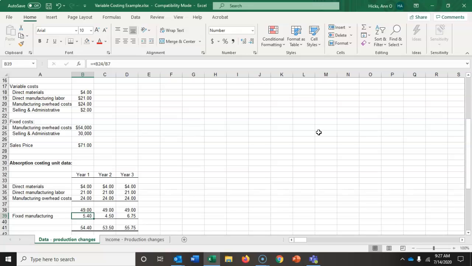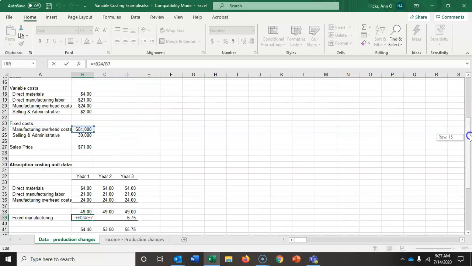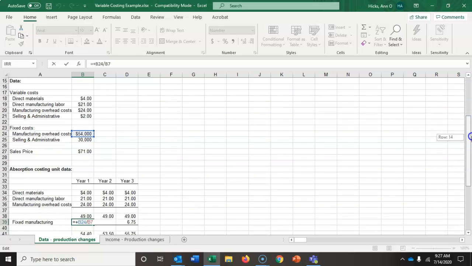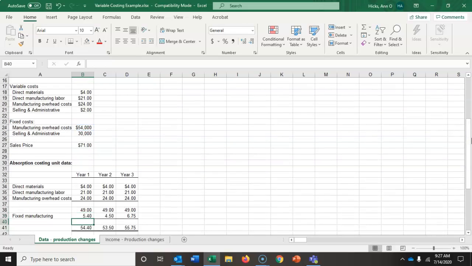So what we're going to do is take the 54,000 in fixed overhead costs, and we will divide it by the production of 10,000 units, and that gives us $5.40 per unit. Makes sense. That leaves us with a grand total per unit of $54.40. Okay, seems pretty straightforward. Let's go to year 2.